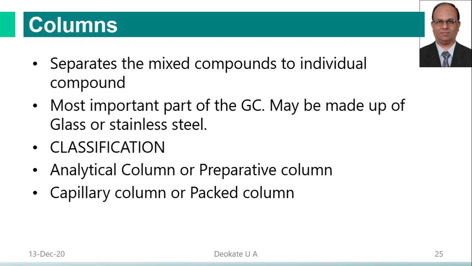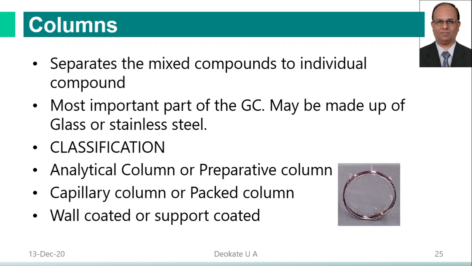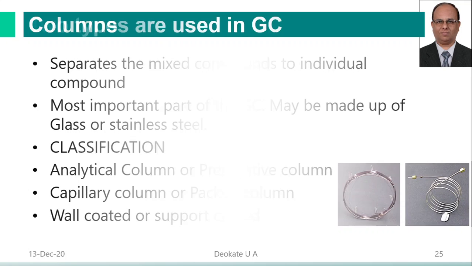It can also be classified as a capillary column or packed column. Capillary columns, many books say, are open tubular columns. In some books, they are called wall coated or support coated columns. So these are the capillary columns and these are the packed columns which are used in gas chromatography.